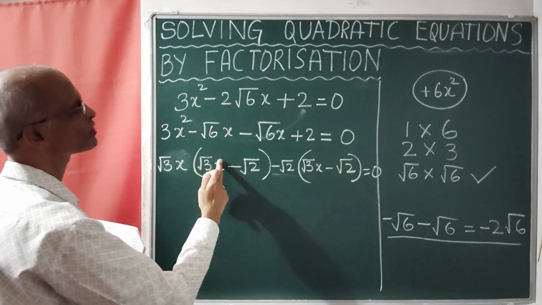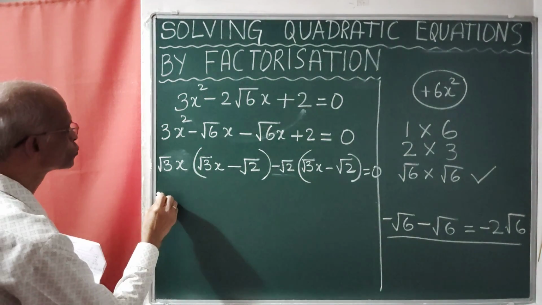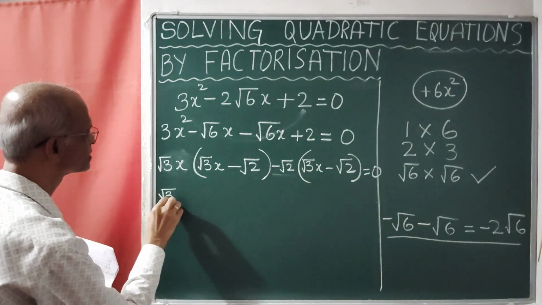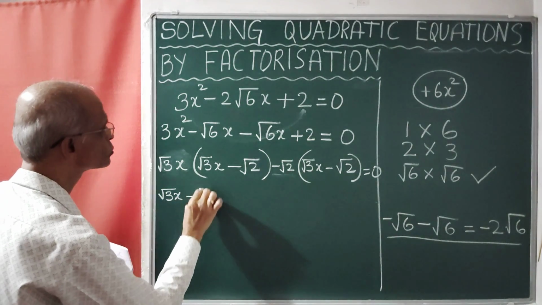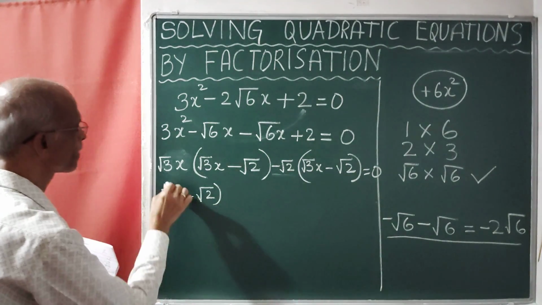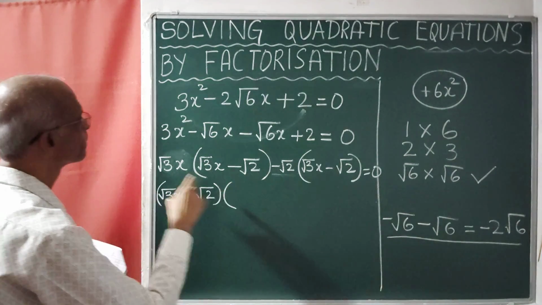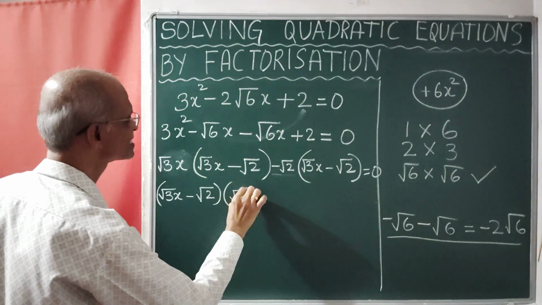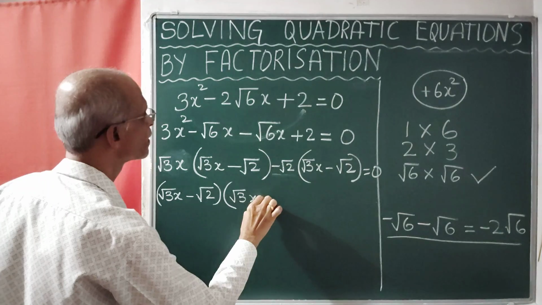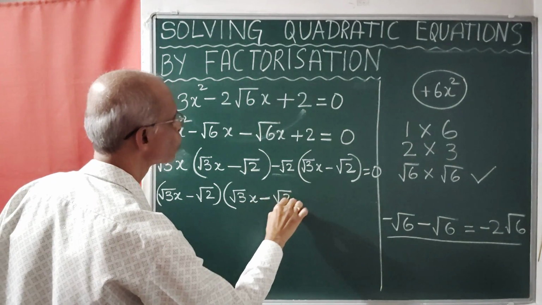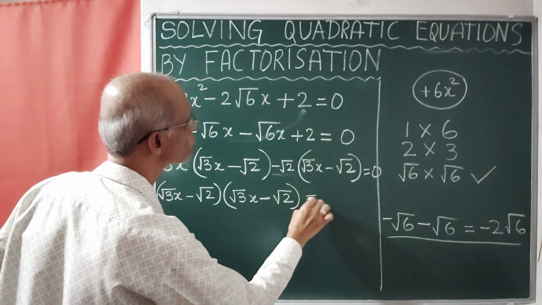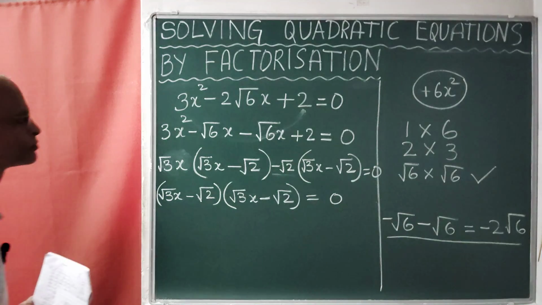Now this is the common factor between these two terms. So root 3x minus root 2. What is left here? Root 3x minus root 2 is equal to 0.